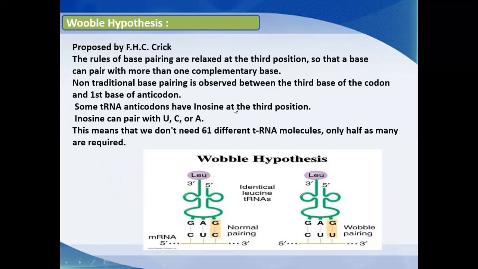So the same leucine tRNA molecule, the leucine-containing tRNA, binds with the CUC codon as well as the CUU codon. So that's why the number of tRNA molecules decreased. Sometimes 30 to 40 is enough to carry the different amino acids to the protein synthesis site.